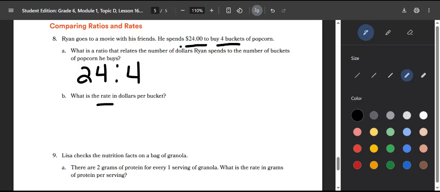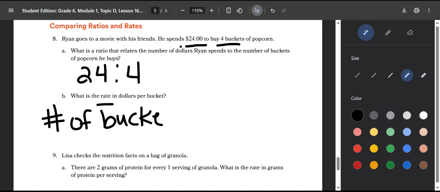So to get 4 to be 1, I got to divide 4 by 4. So for the number of buckets, I can do 4 divided by 4. That'll give me 1 bucket.